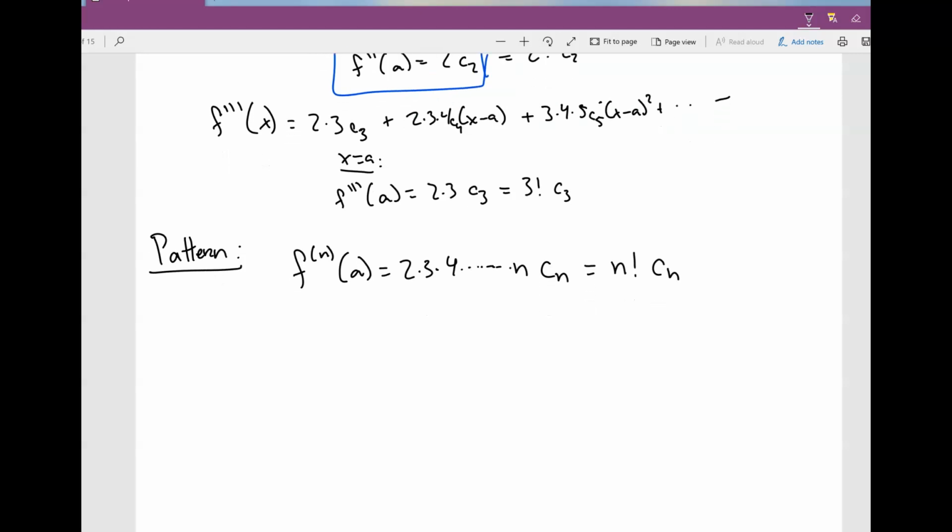So I know that the nth derivative, when I plug that in, is just going to be equal to n factorial times the constant. So how can I figure out what the constants are? The constant is just going to be equal to the nth derivative at a divided by n factorial.